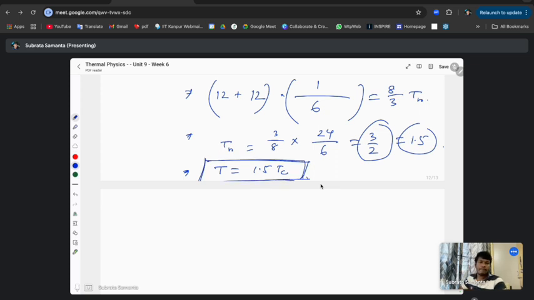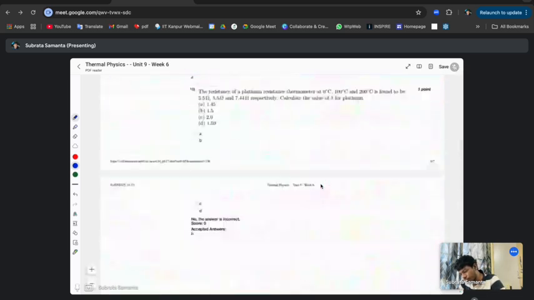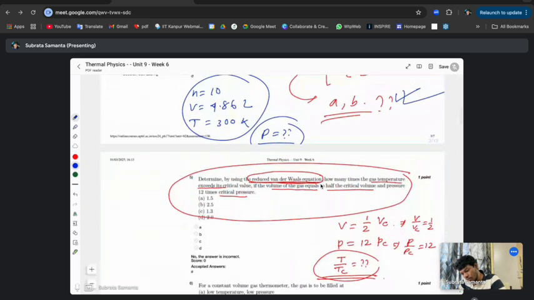Now go back to the problem: how many times does the gas temperature exceed its critical value? We got T equals 1.5 Tc, so 1.5 times.